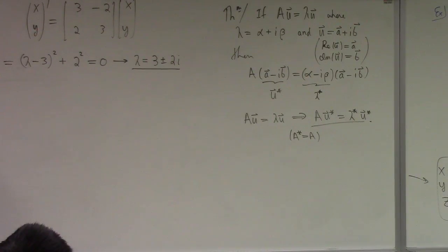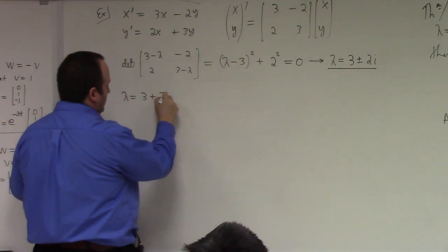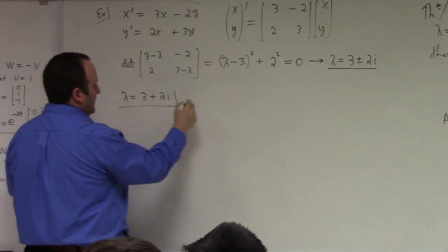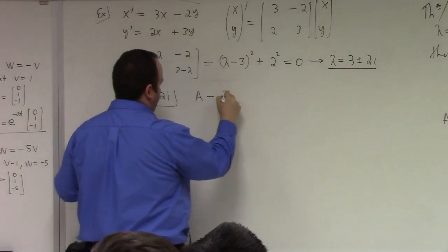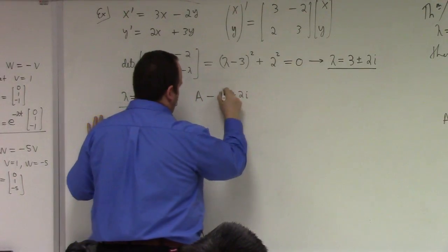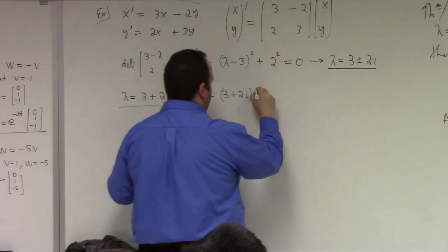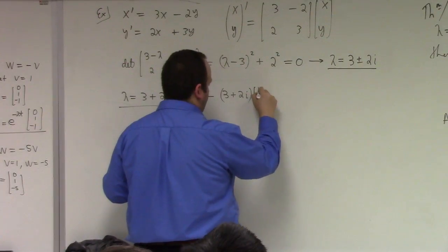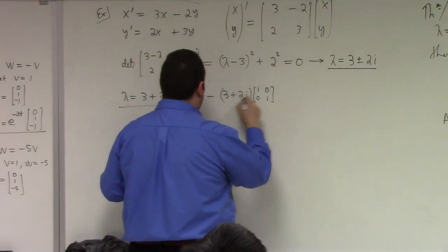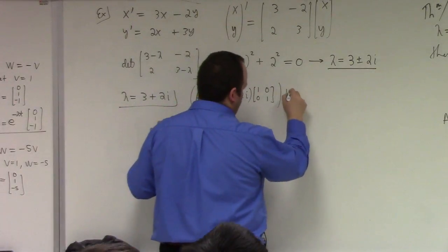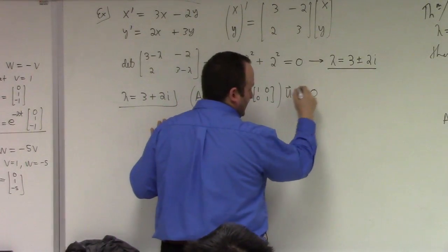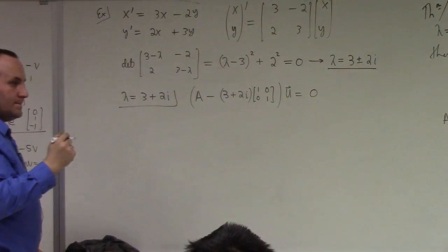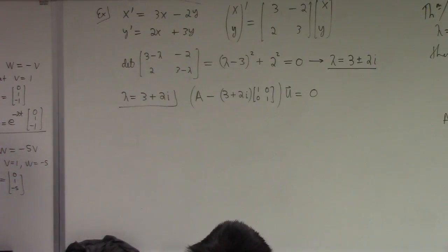Okay, let's find it. We'll do the plus. So I've got to have A minus 3 plus 2i times the identity matrix, which I'll write out this time. You're like, well, it's about time. Right, fine, you got me. Any question? Okay.